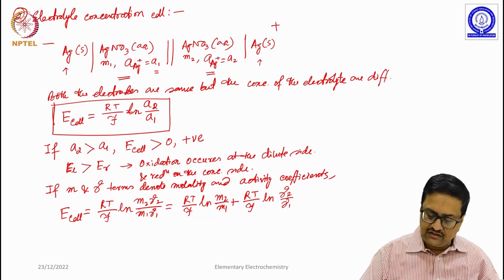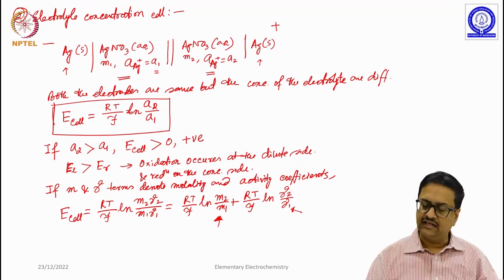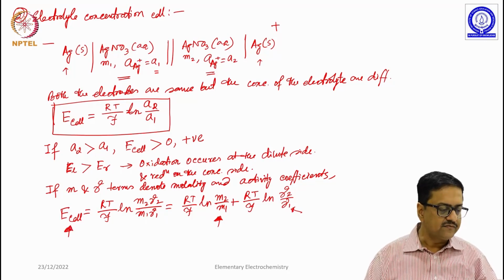So, now by knowing the concentrations in terms of molality and by determining the corresponding gamma using the previous expression that we have learnt, one can calculate the E cell for the concentration cells.